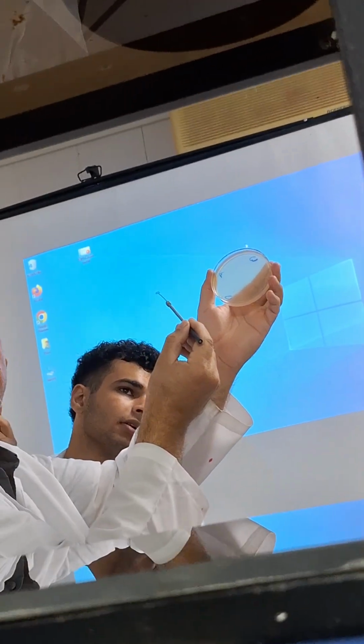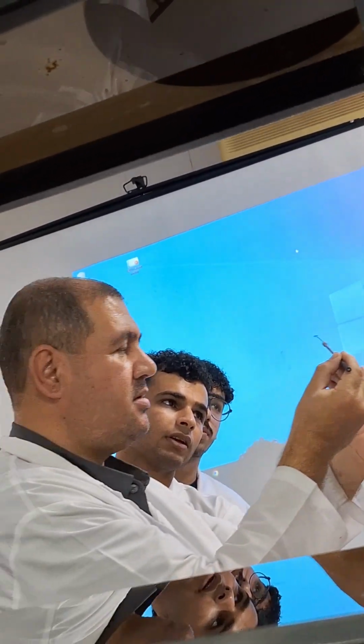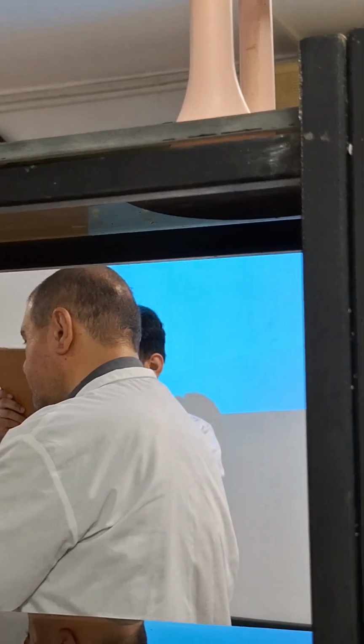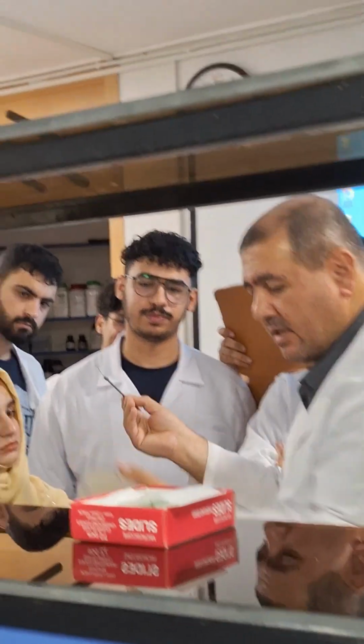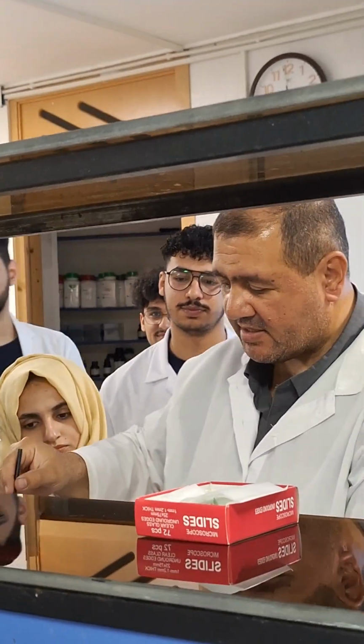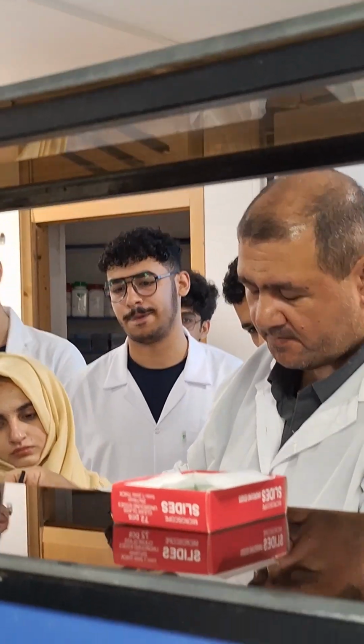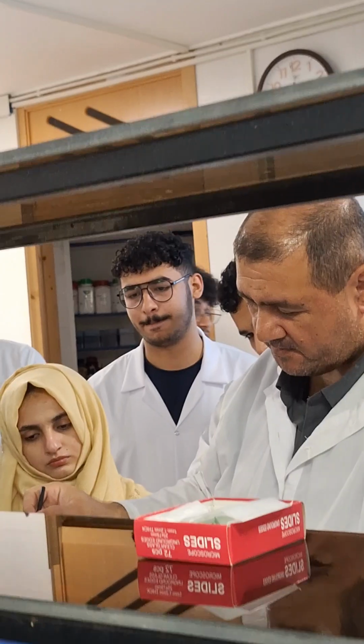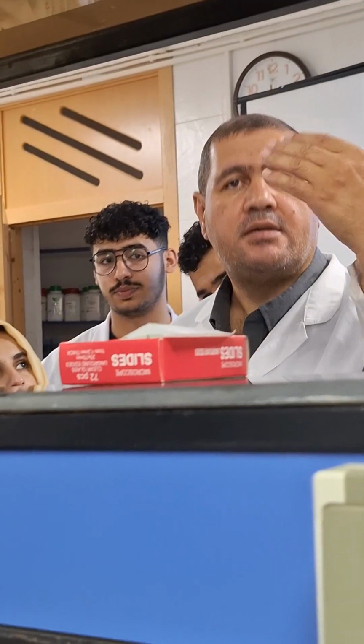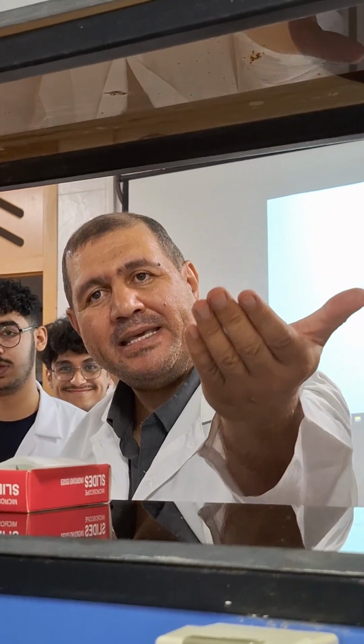You understand? Then repeat the sterilization of your loop, and again streak 5 lines from B to C.